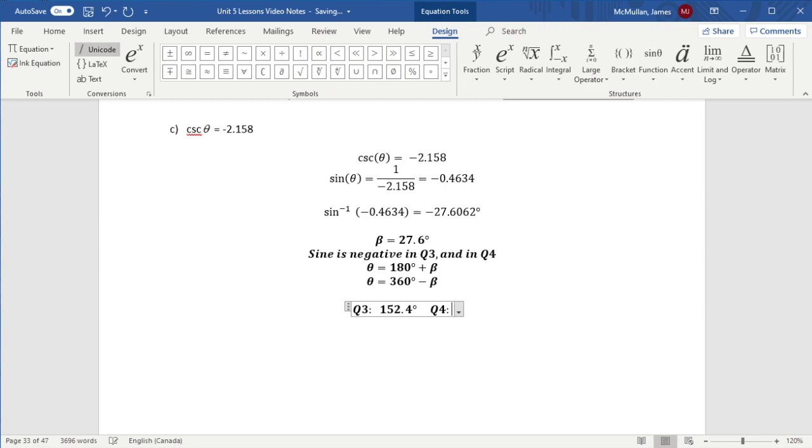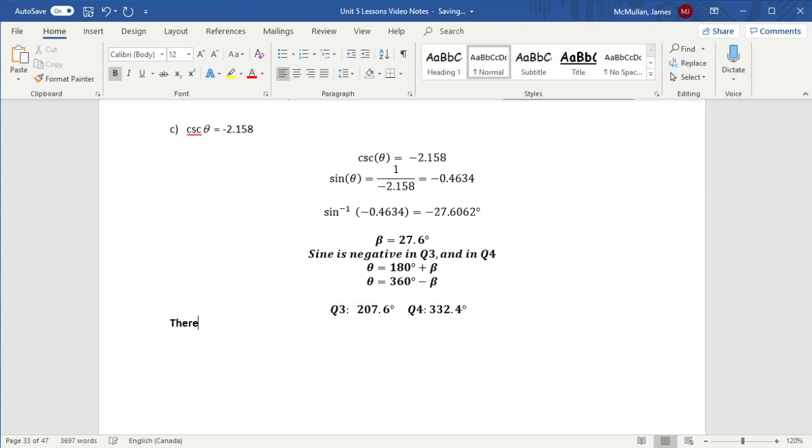My Q4 answer, sorry, I had to add it, not subtract it, I apologize, that's wrong. So 180, so this is easier, 207.6 would be one answer, and then in quadrant 4, this would be where I should have kept what I just did, 332.4 degrees. So I write underneath, therefore, there are two angles which have a cosecant of negative 2.158, and those angles are 207.6 and 332.4.